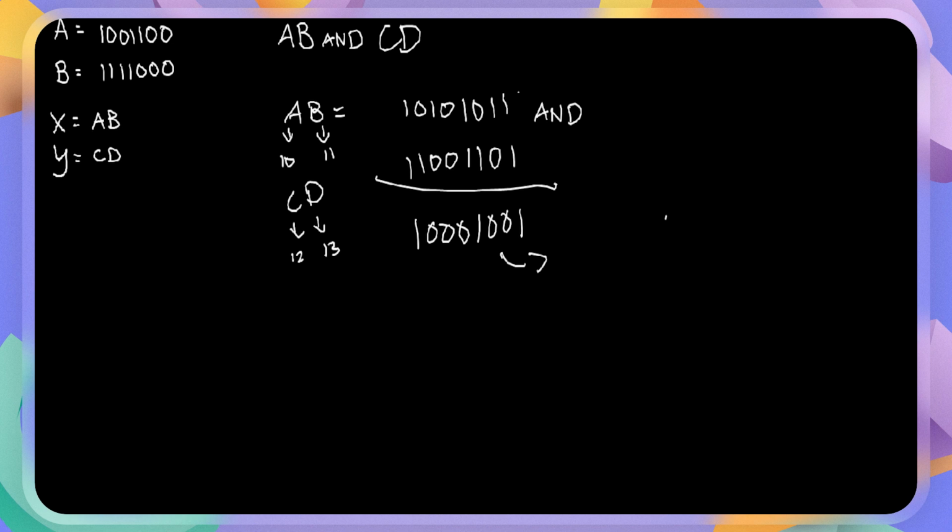So we can just write that as a 9 here. And then our last number here, which is an 8. So we can just write it as an 8. So we can say that AB and CD is equal to 8, 9 in hexadecimal.